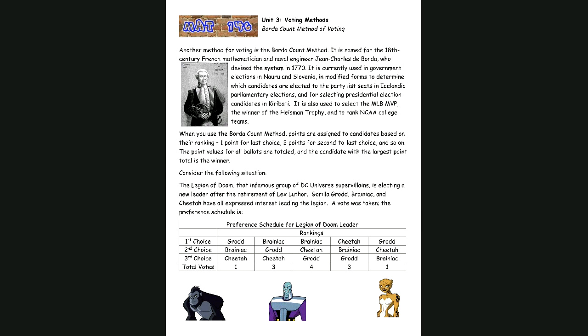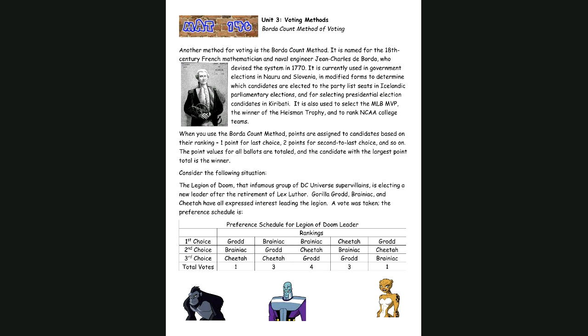When you use the Borda count method, points are assigned to candidates based on their ranking. So any candidate that was ranked last gets 1 point. If you're ranked second to last, you get 2 points. If you're ranked third to last, you get 3 points, and so on.